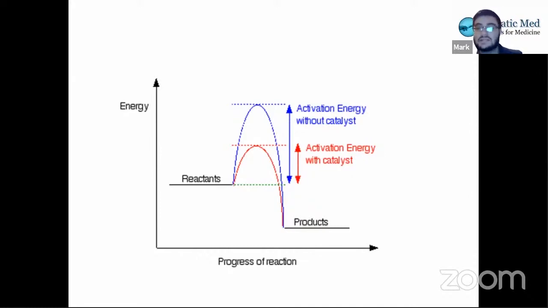If it wasn't for enzymes, all of the reactions in our body would have this kind of energy, and they would take much, much, much longer to occur. And we would probably die because we would have no energy, and it would take way too long to make energy, and we couldn't survive, right? So enzymes are very important. Catalysts are very important in industrial chemistry.